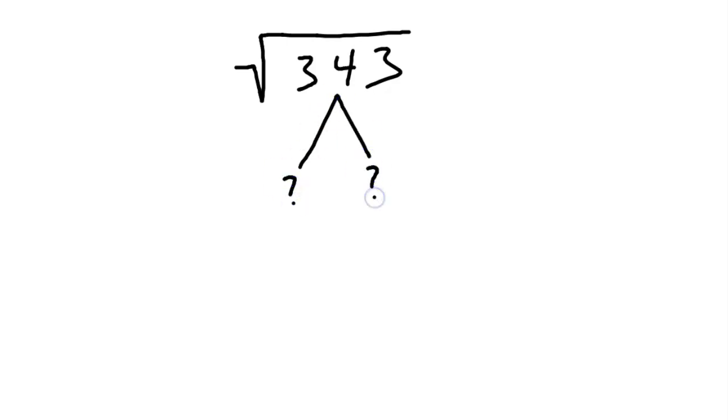We're not used to it, and a lot of you just didn't know, well, what the heck can I factor that into? It's too big. It's too much. Wouldn't it have been nice if I told you that one of the things that goes in there is 7? If I told you what one of them is, how could you find out what the other one is? Well, you just take the number they give you and divide it by the number I tell you.